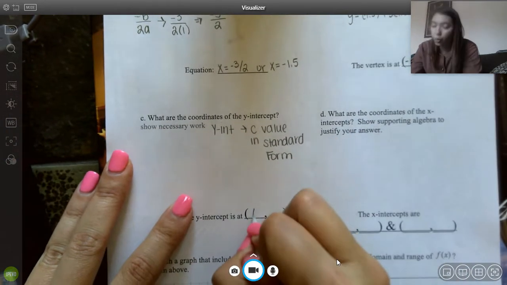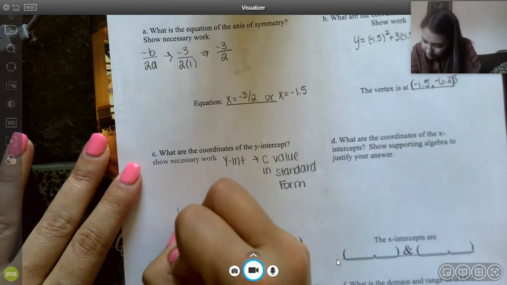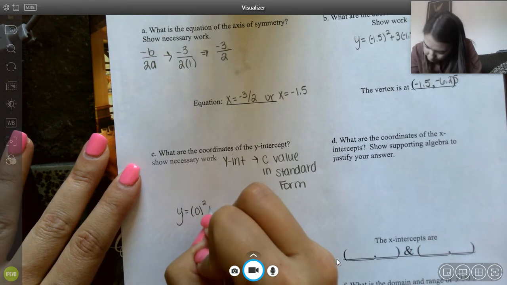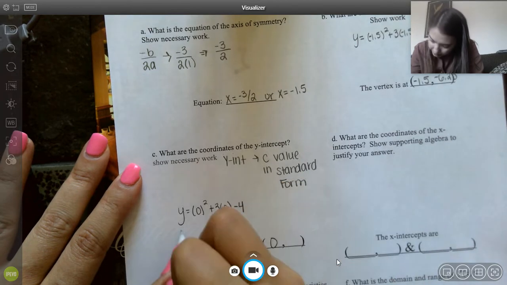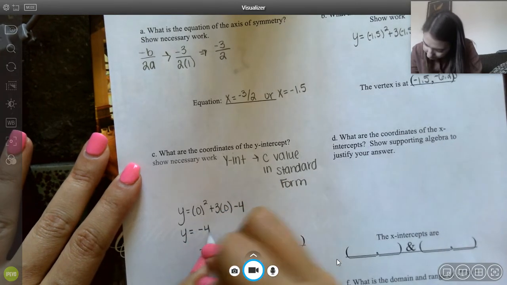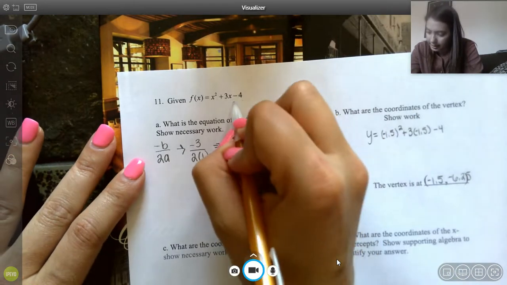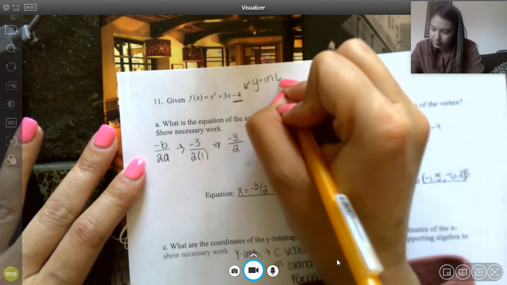So it's our job to find y. So we can also substitute 0 for x: 0 squared plus 3 times 0 minus 4. When we do that, we get that y is equal to negative 4, just like how our c value is negative 4 as well. And we can write that out if we want to.